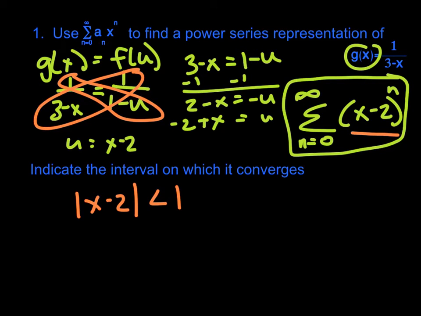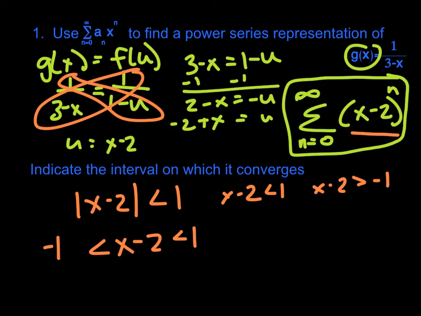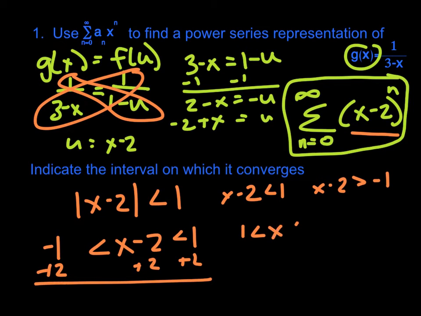Which means that x minus 2 has to be less than 1 and greater than negative 1, so we sandwich it between negative 1 and 1, because it could be a negative 1 or a positive 1. Expanded out, negative 1 is less than x minus 2 is less than 1. If I add 2, that gives me 1 less than x less than 3.